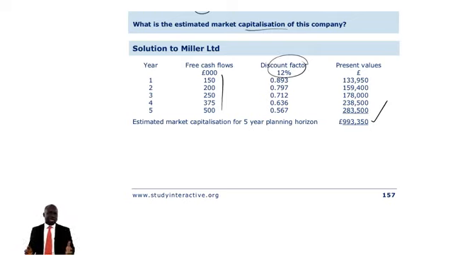In a good exam, the examiner is giving you the accounting information. You have to extract the free cash flow, and we learned that the free cash flow is your operating profit less tax without interest in there. So you less tax, you add your non-cash items, you less increase in working capital, you less what? Your capital expenditure to come and get the free cash flow for the respective years, as they've done here for you.